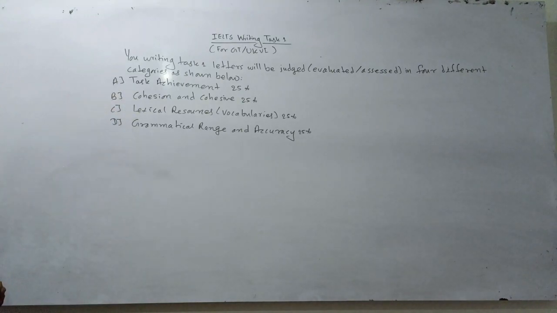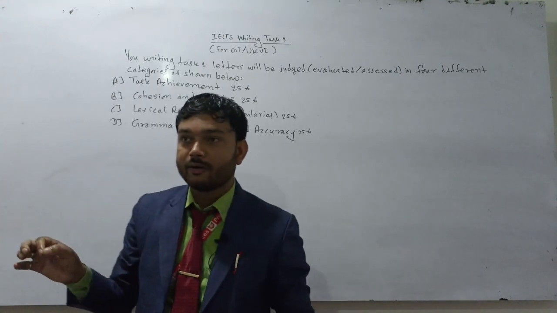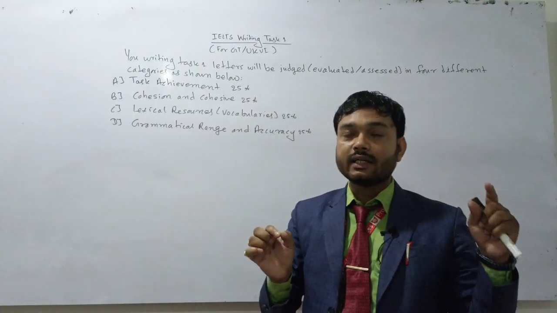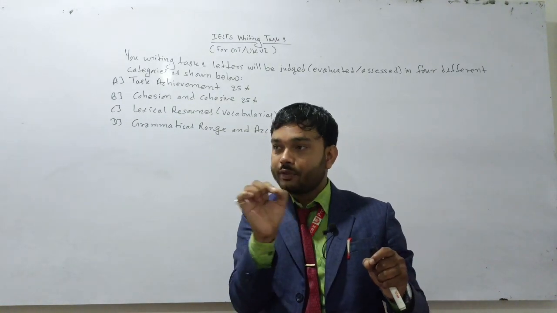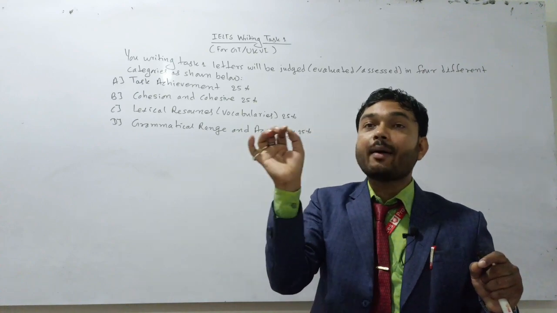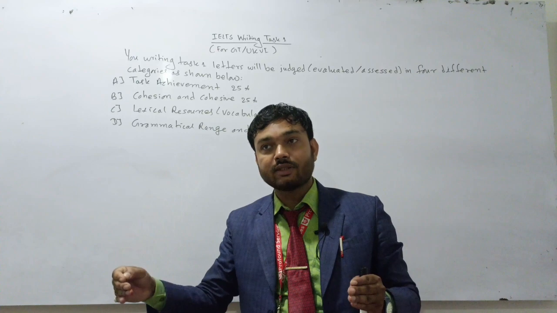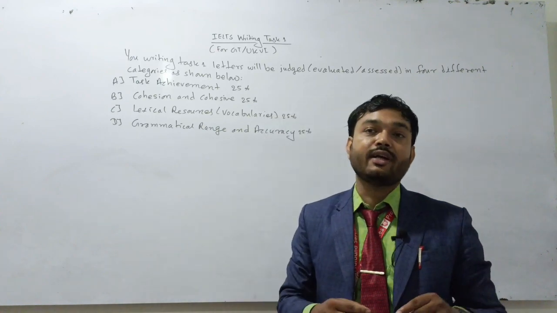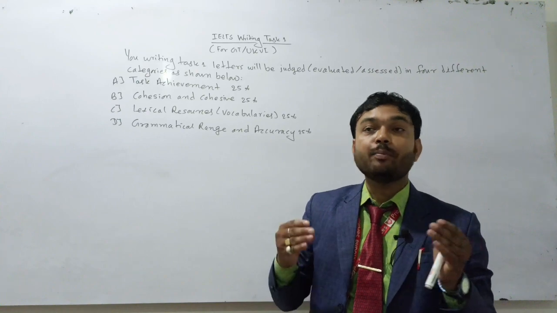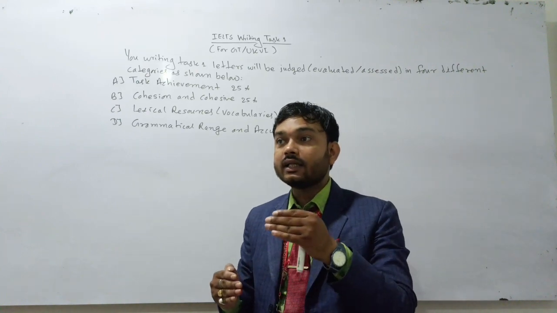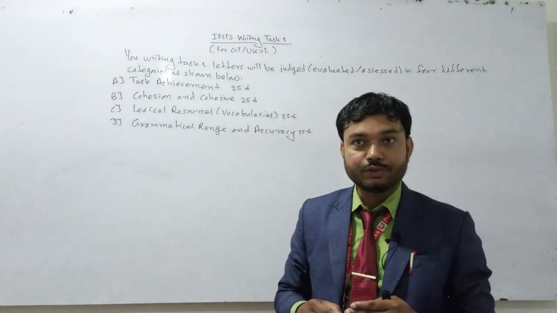The first one is task achievement. Whatever you are writing in Task 1, if you are not capable to introduce properly, if you have not paraphrased the meaning of the question in the introduction part, then your task achievement will be evaluated like 0. If you want to impress the examiner, you must remember what the letter is about and what the question is asking you to do.